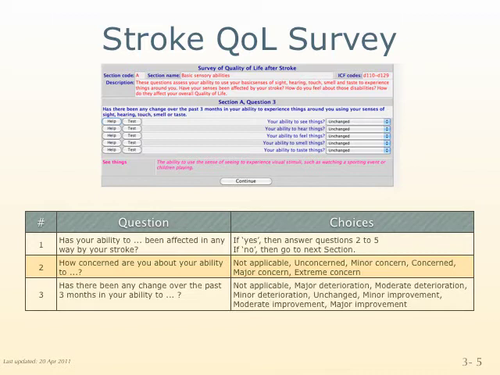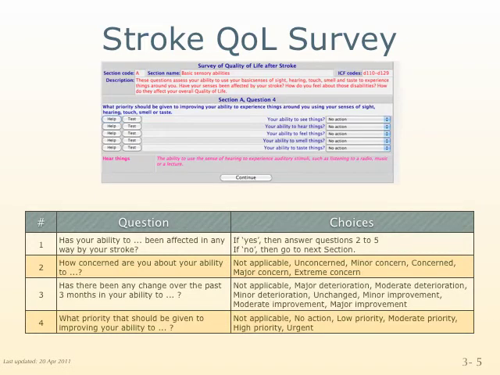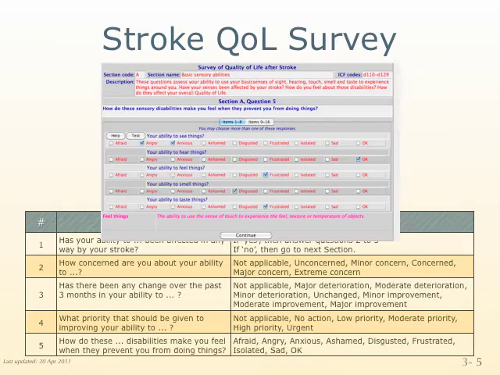The survivor is able to click a button to invoke a computer-aided test for a specific disability item. Here we see a screenshot of question 4, which asks about the survivor's priority of action for disability items in the current survey section. And finally, here we see a screenshot of question 5, which asks about the psychological impact on the survivor of disability items in the current survey section.